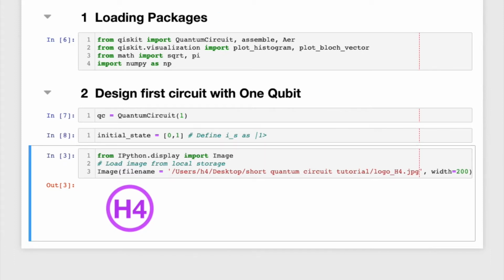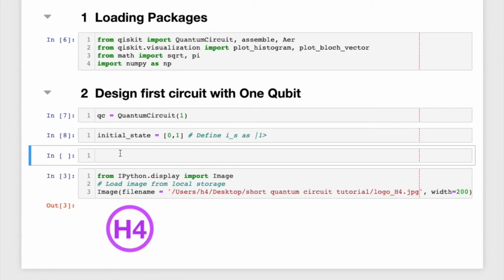This puts the qubit in a certain position, and then we can initialize the qubit by applying this initial state to our QC.